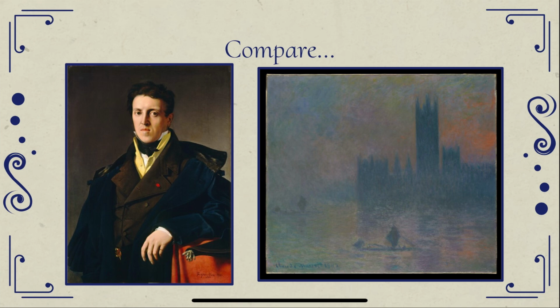It's trying to make the man look more realistic, and it's not trying to pull a certain emotion out of the viewers. However, Monet's painting may not pay as much attention to realistic details, but he is focused more on trying to pull certain emotions and have a certain reaction from his viewers.